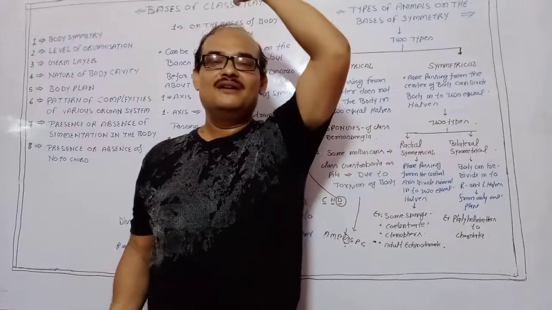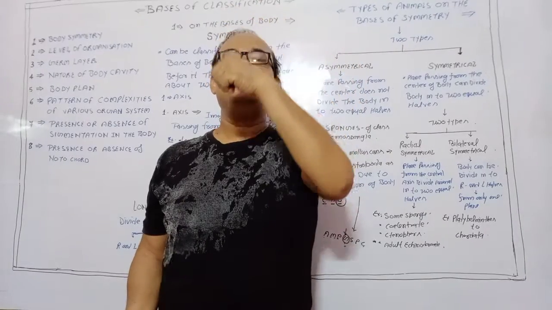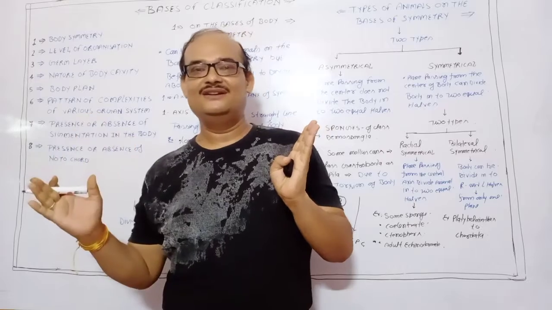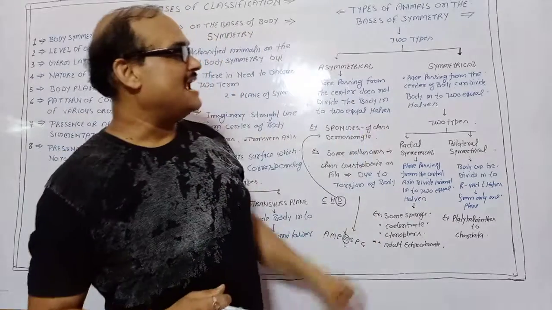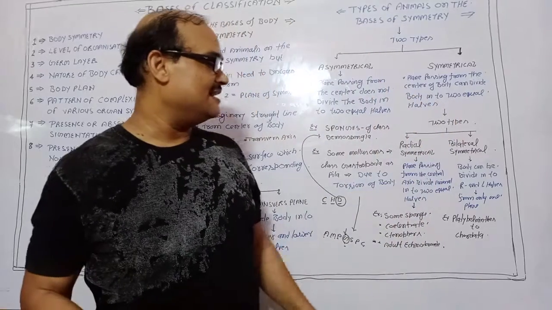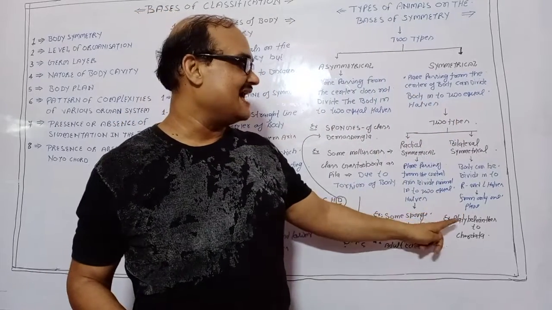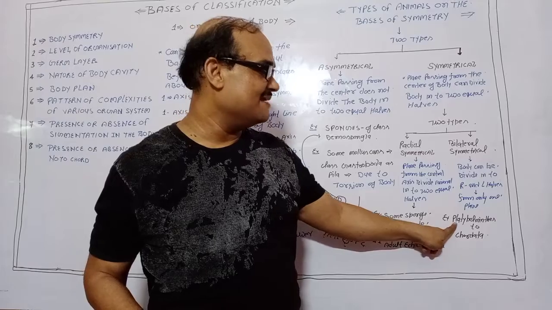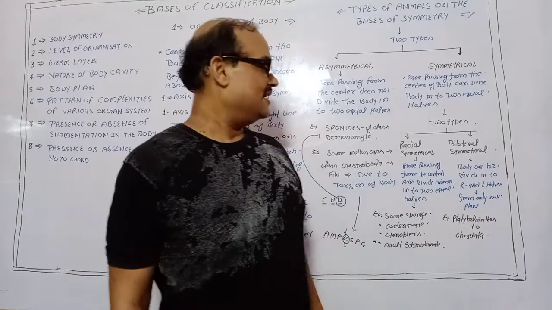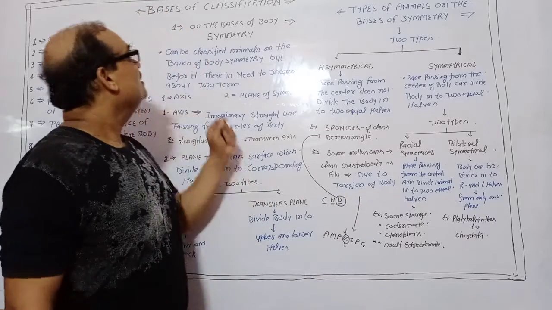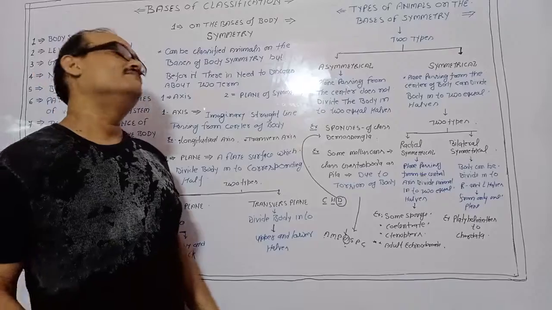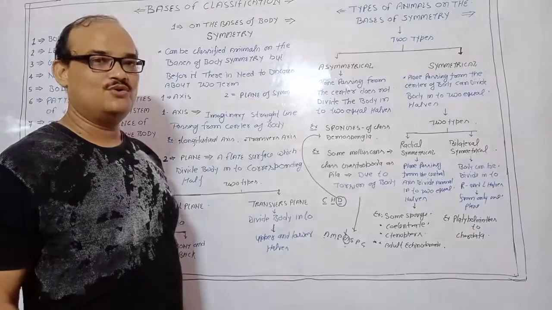If a plane passes this way, we are divided into two equal halves, right and left. Bilateral symmetrical animals are advanced animals and are present from phylum Platyhelminthes to Chordata. So this is the first basis, body symmetry. The second basis we will discuss in the second video. Okay, thank you.